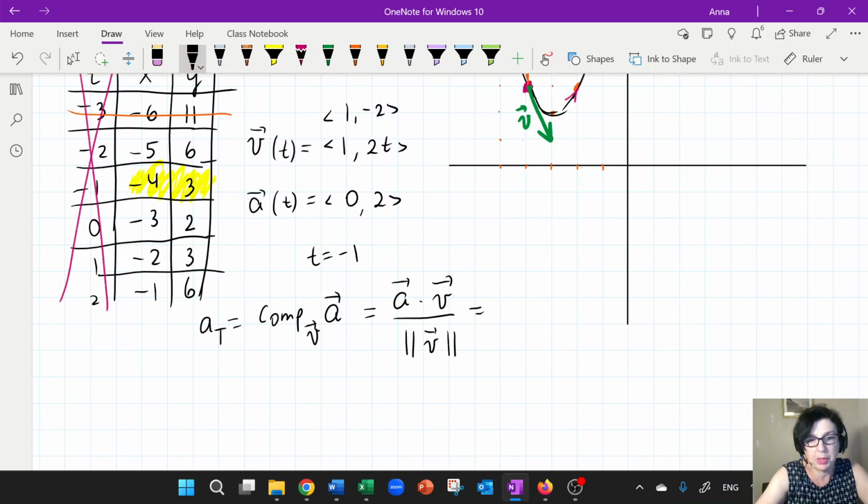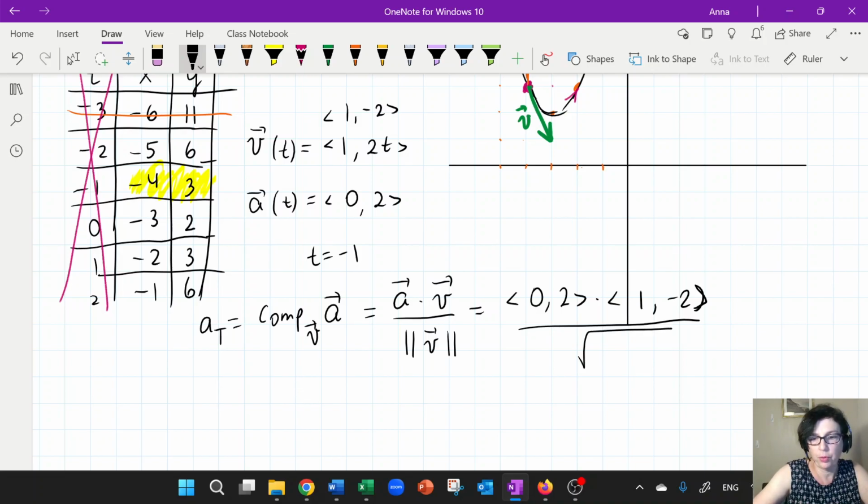And you are doing it specifically at -1. So the vector of acceleration was 0, 2. Vector of velocity was 1, -2. And then you are dividing that by the magnitude of velocity. So that's the square root of 1 squared plus 2 squared. So the tangential component should be -4 divided by square root of 5.